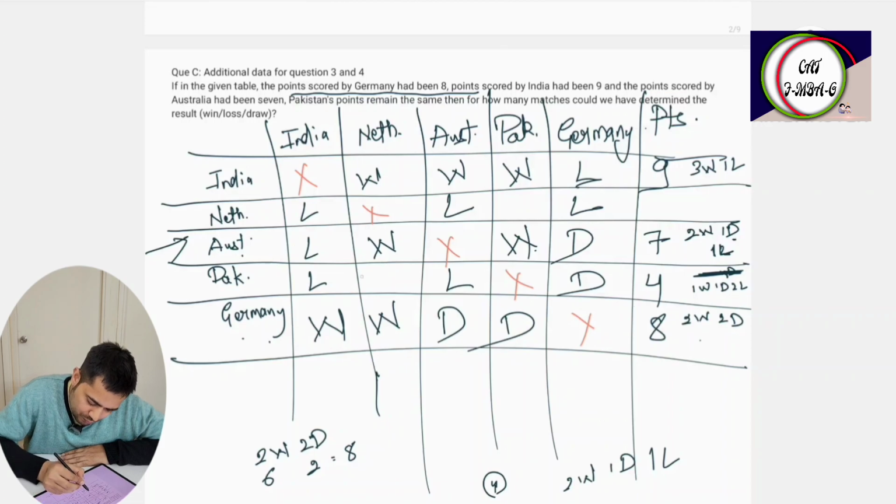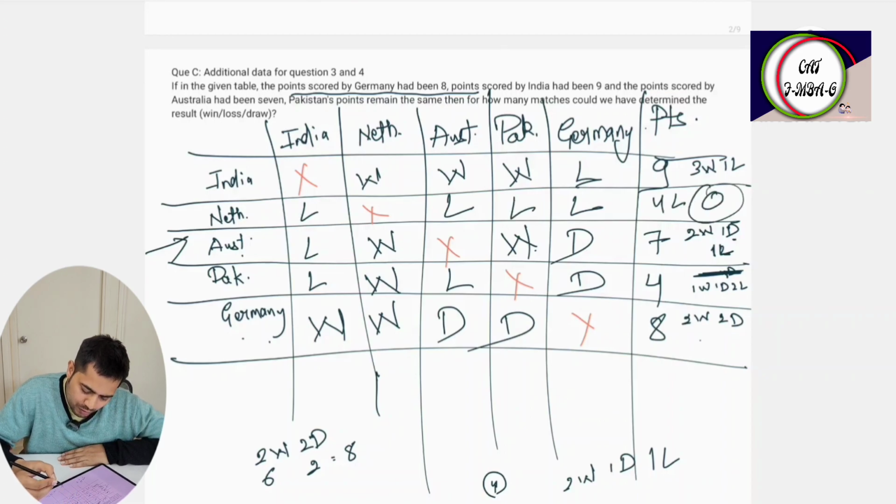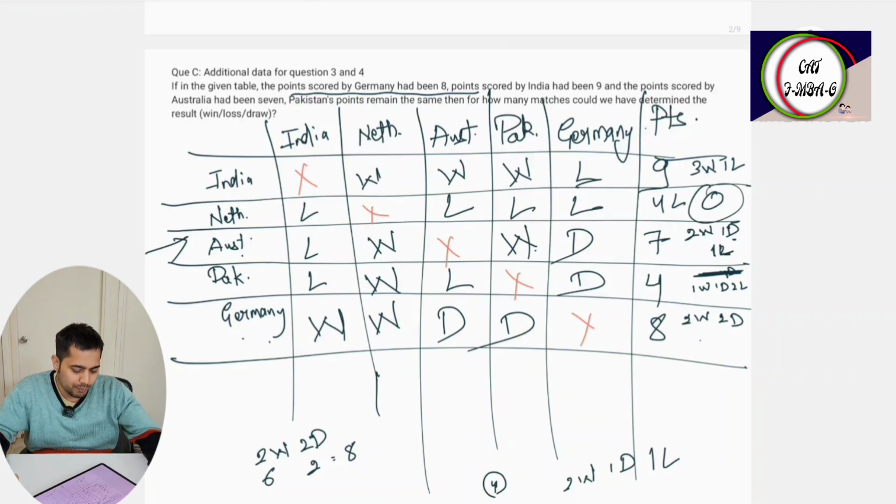So 2 losses, 1 win is left. So Pakistan beats Netherlands, and Netherlands loses. So here 4 losses are there, so the points are 0. Okay, so we have completed the table.